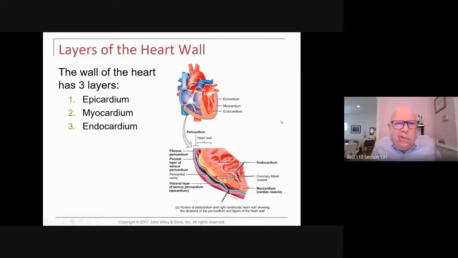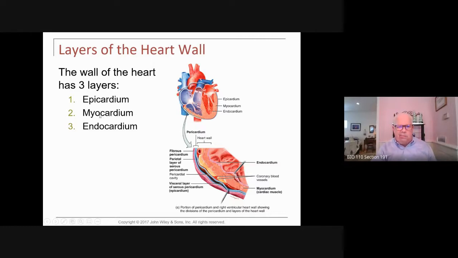Okay, all right. So let me go over it again then. There are three layers of the heart wall. The epicardium is the outer layer. What it really is is the serous pericardium. The inner, or middle, layer of the heart wall is the myocardium.